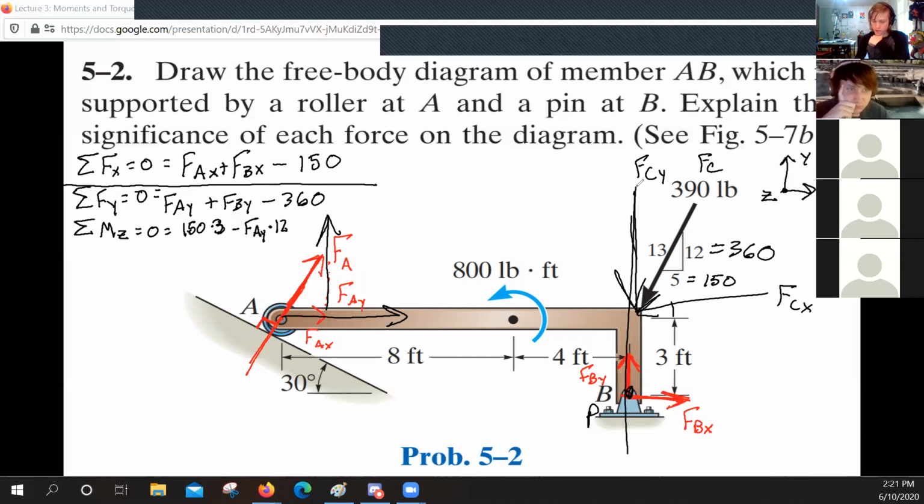FC of y goes straight through the pivot, so it's not going to account for moments. These two down here are on the pivot, so they're obviously not going to account for moments. FC of y, which is that 150, does not pass through the pivot. If we draw a line coming out of the pivot, we can see it's perpendicular, so that works. So we do one for that, which we've done, that 150 times 3 here.